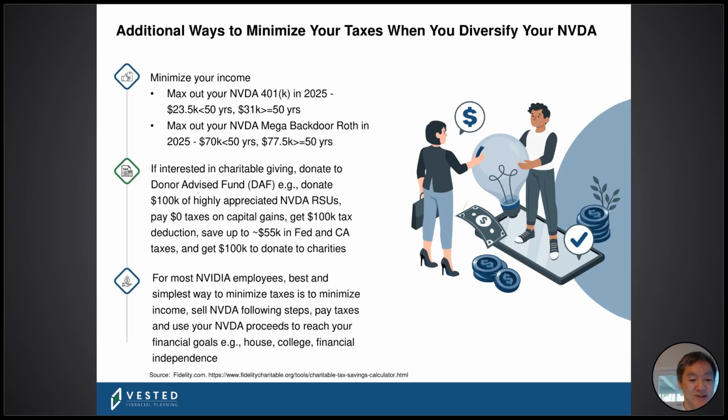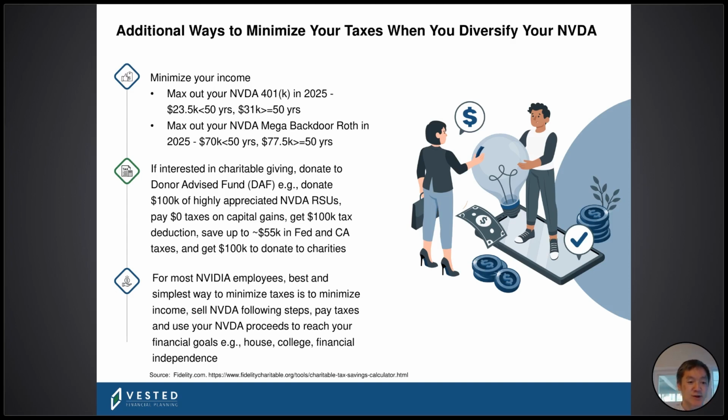So charitable tax deduction, if you're in the highest bracket, that could save you up to $55,000 in federal and California taxes. And then you still get $100,000 to donate to charities for as long as it takes you to use it. So if you're interested in giving, this is a great way to save on taxes.